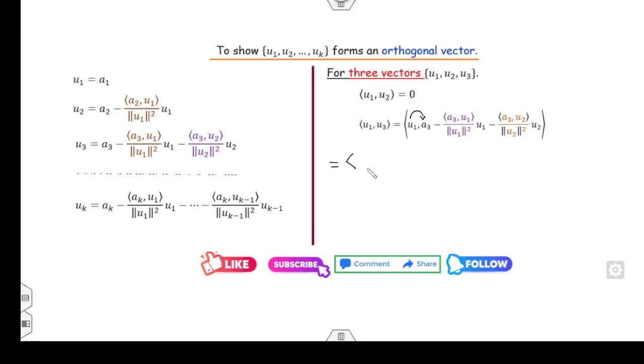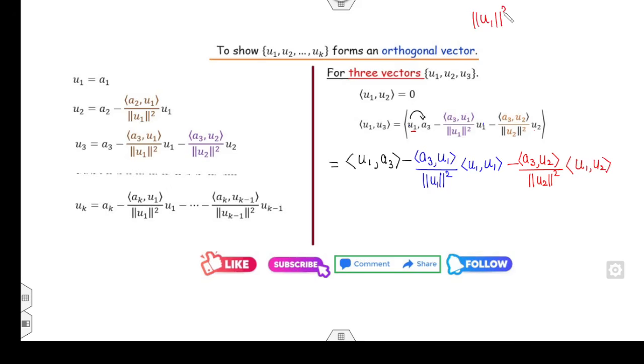The first one is u1 and a3, u1 comma a3 minus the second value, a3 u1 divided by norm of u1 square, into u1 and u1, minus the next one, a3 u2 divided by norm of u2 square, into u1 u2. Fine.